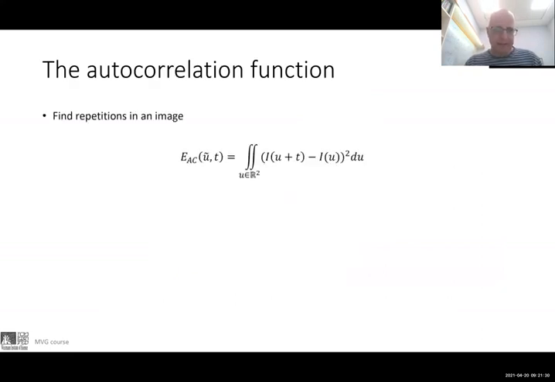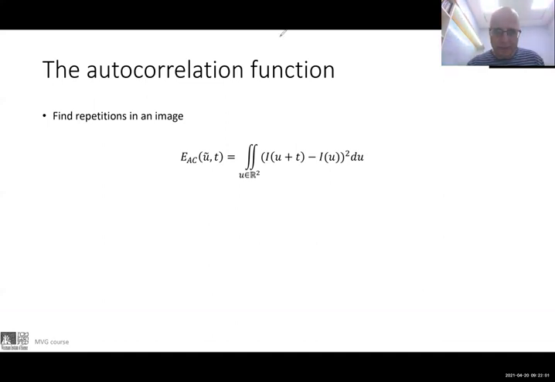Okay, so the autocorrelation function. Suppose you want to find repetitions in the image. We can define a function that will tell you where you can find a repetition, and it's very intuitive.